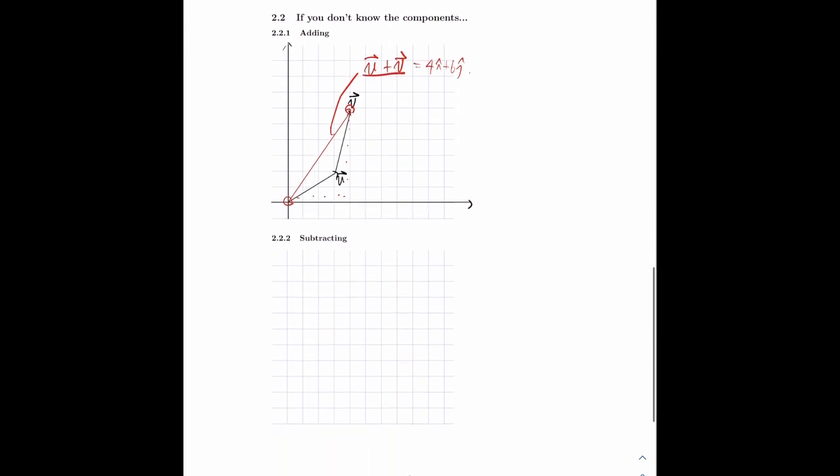Okay? And when we try and do vector subtraction, we can think of subtraction in a slightly different way, but that's going to make our life pretty easy as well. So when we're trying to do u minus v, we can think of this as u plus negative v. But how are we going to know how to do negative v?